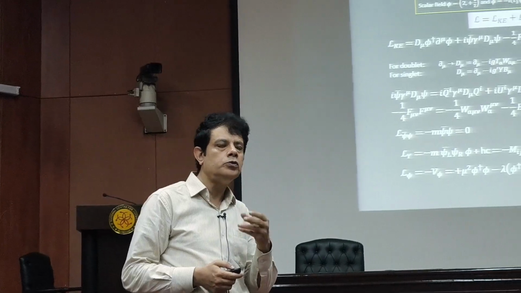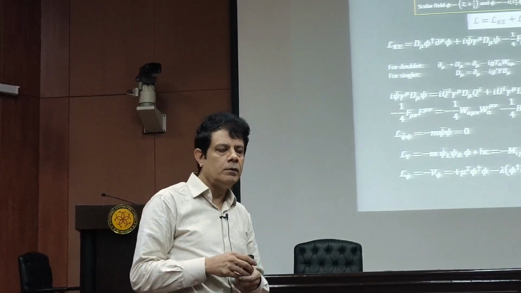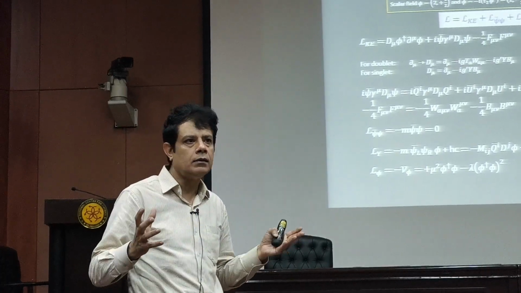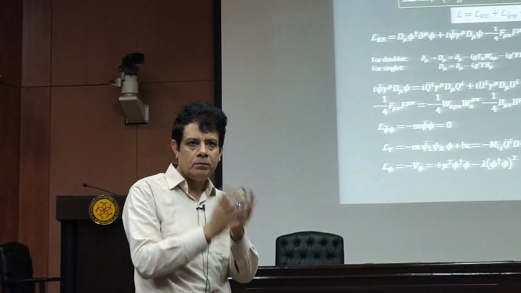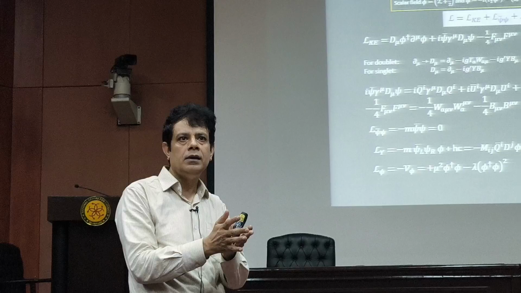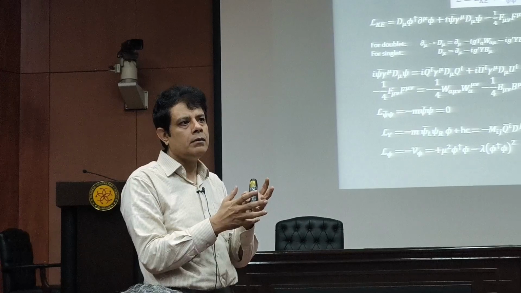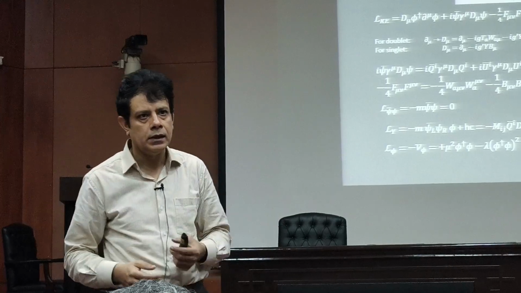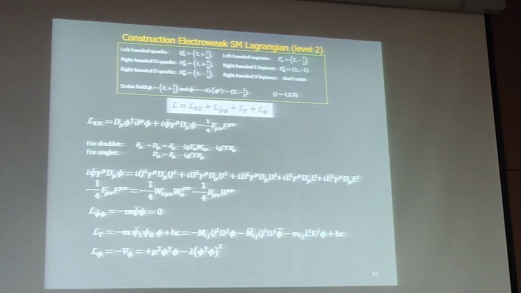So we prefer to use the fields in which the mass matrix is diagonalized, and we will apply different transformations so that the mass matrices are diagonalized. These are the only 2 steps: break the symmetry spontaneously, which obviously we have to do in this case, and diagonalize the mass matrices of the different fields in the Lagrangian.